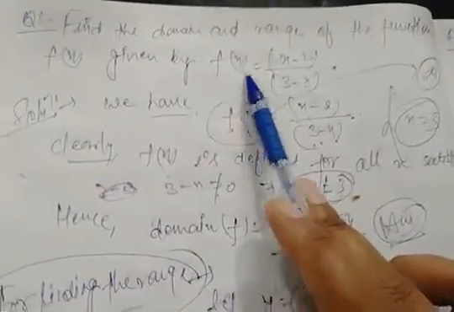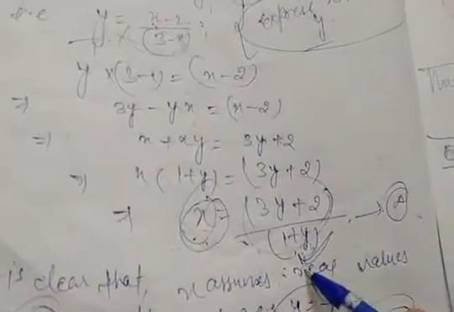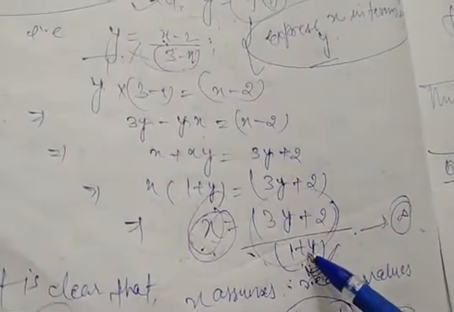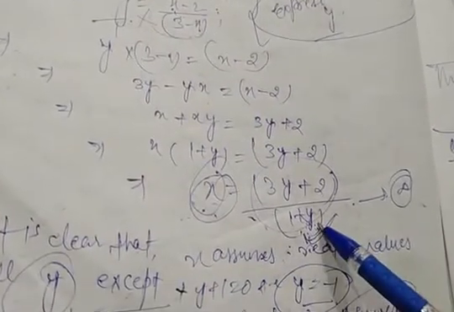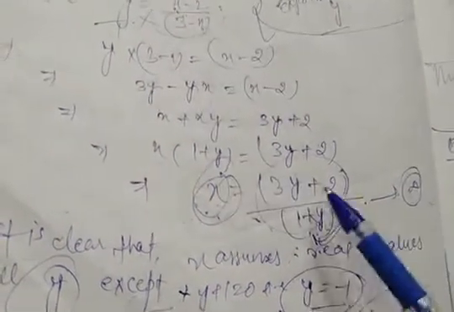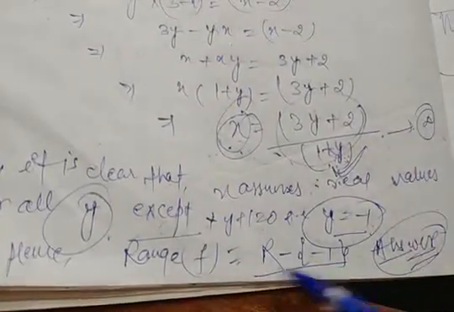For finding the range, first of all we take y is equal to f of x, and we express x in terms of y. It is clear that x is real for all values of y other than minus 1. So the range of this function is all real values minus 1.